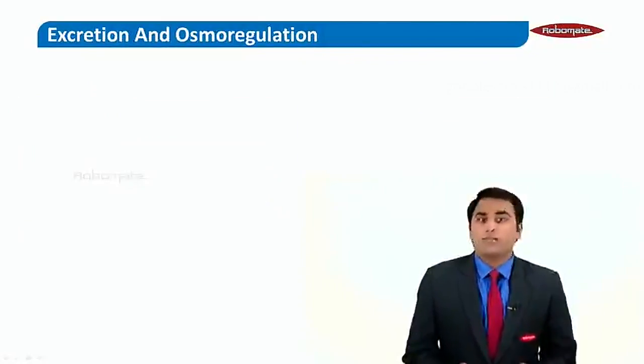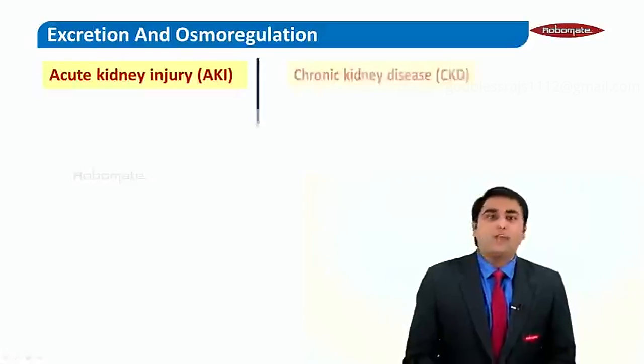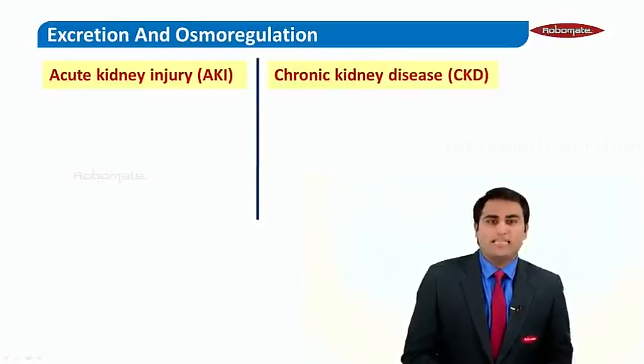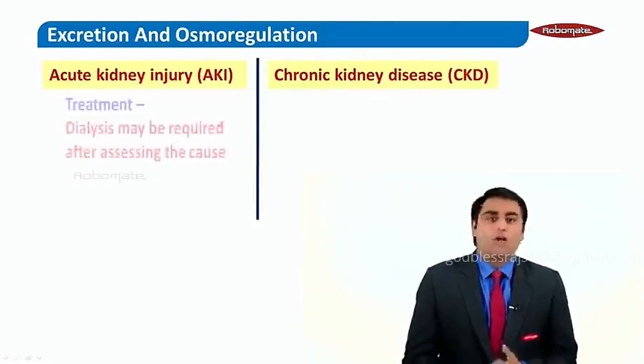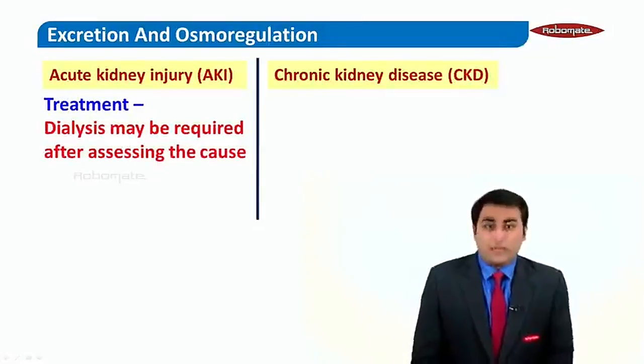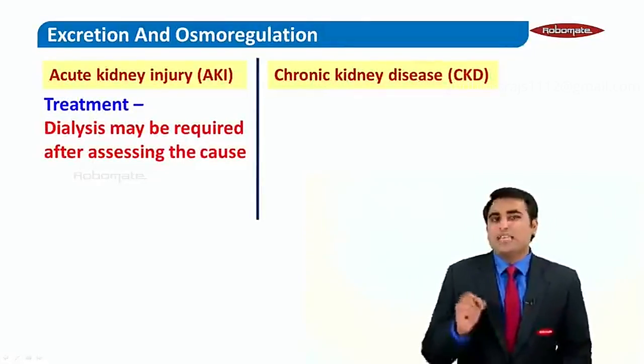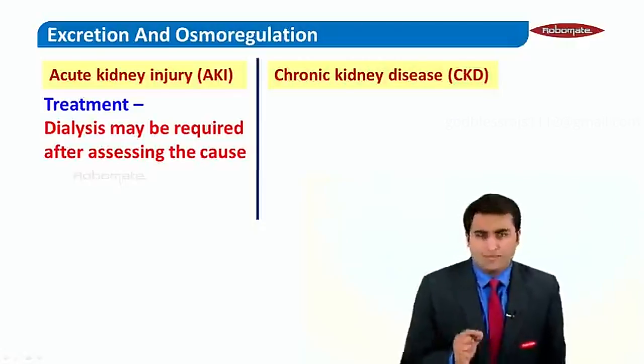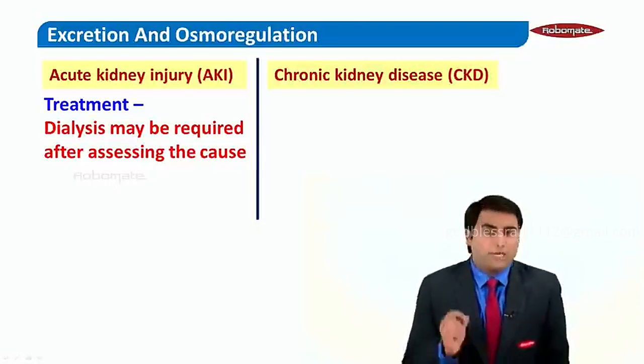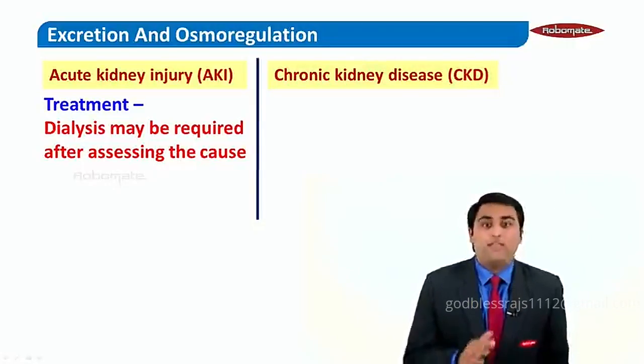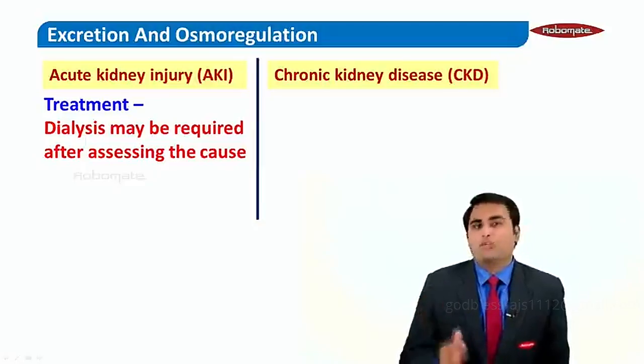Now let's see the treatment. To treat acute kidney injury and chronic kidney disease: acute kidney injury is a reversible kidney failure. After identifying the particular cause, the kidney function comes back to normal.